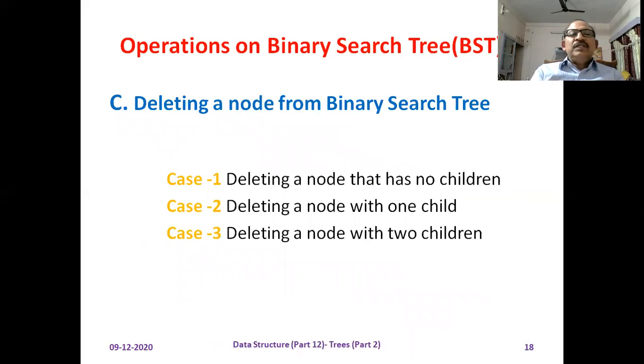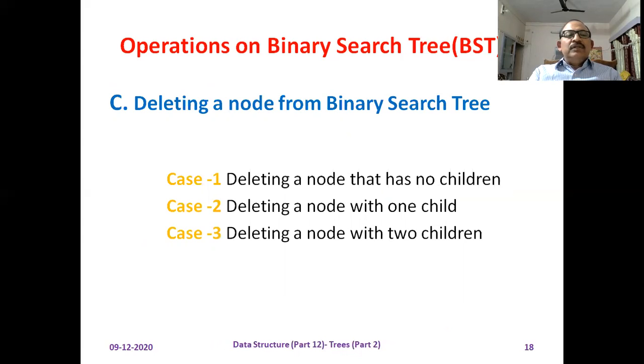Next, deleting a node from a binary search tree. Here we can classify the deletion activity into 3 cases. Case first, deleting a node that has no children. Next case, deleting a node with 1 child. Next, deleting a node with 2 children.